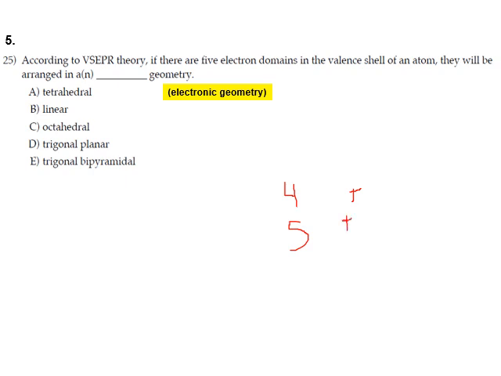And what was 6? 6 would be octahedral. So anyway, what's the answer here? It's E, right? Trigonal bipyramidal. And we're talking about the electronic geometry. Next slide.